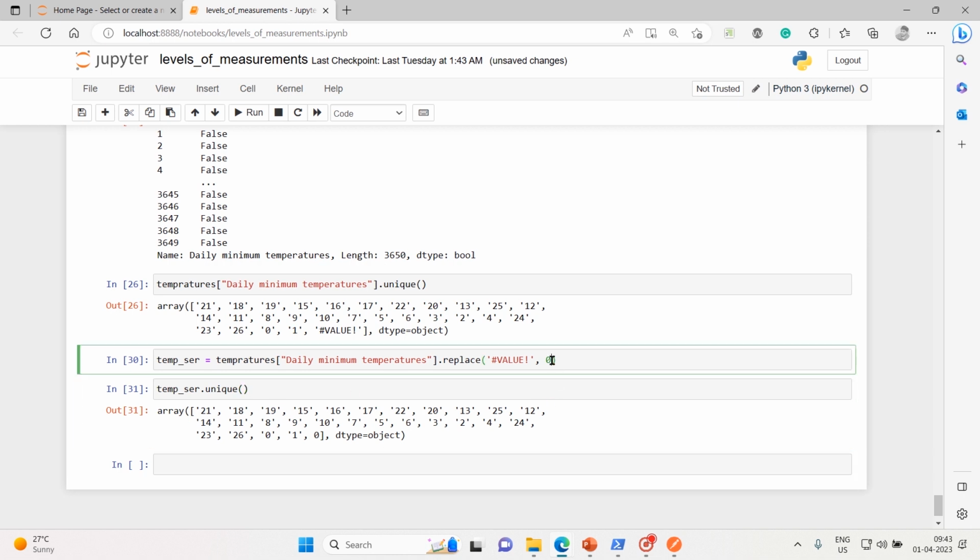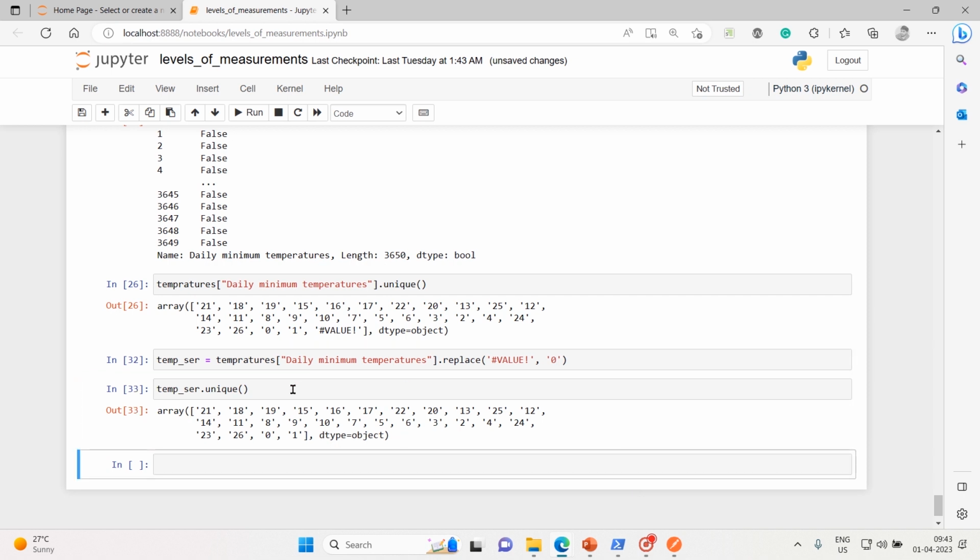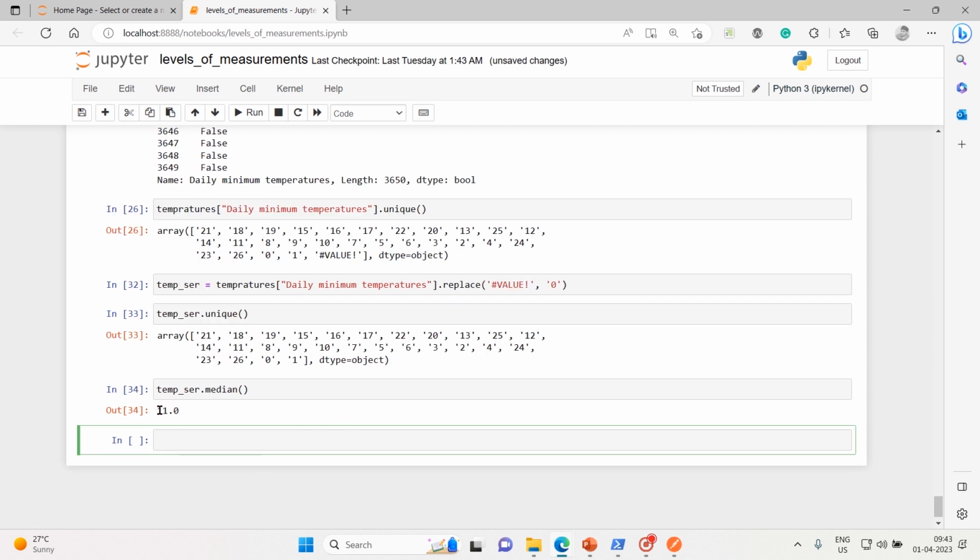Okay, done. So now let's calculate temp series dot median, and here you got 11.